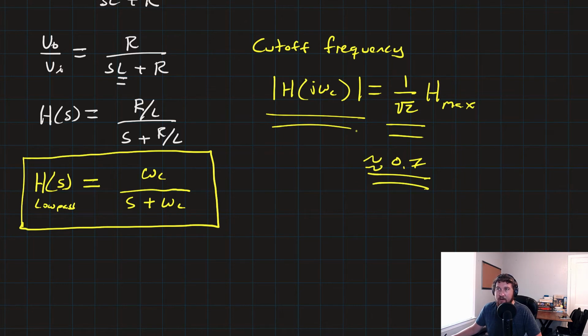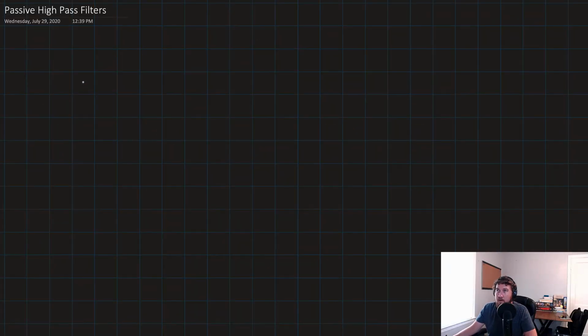Let's go ahead and take a look at high-pass filters. Now, if you've got a good grasp on low-pass filters, high-pass filters are super easy because all you do is flip them over. So essentially everything has been reversed.